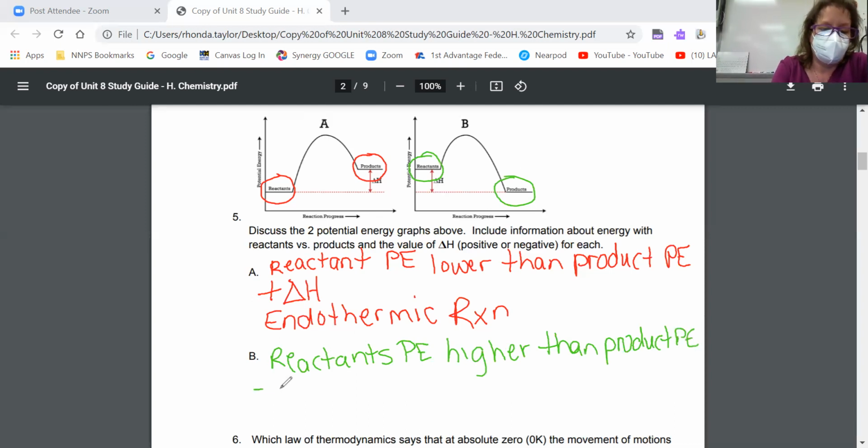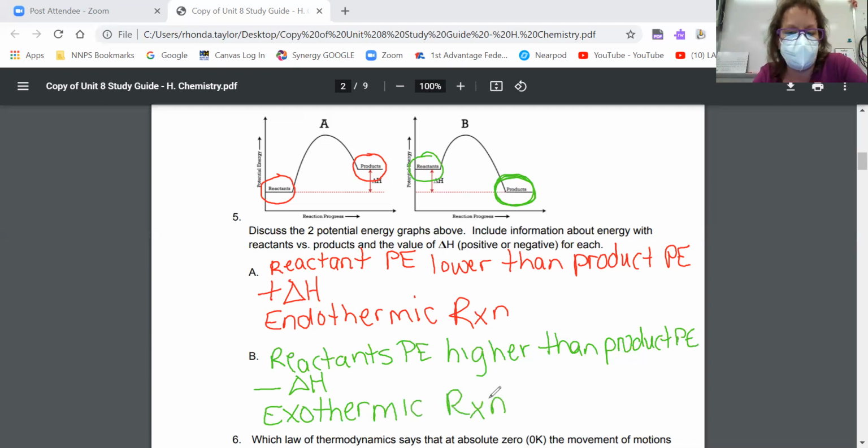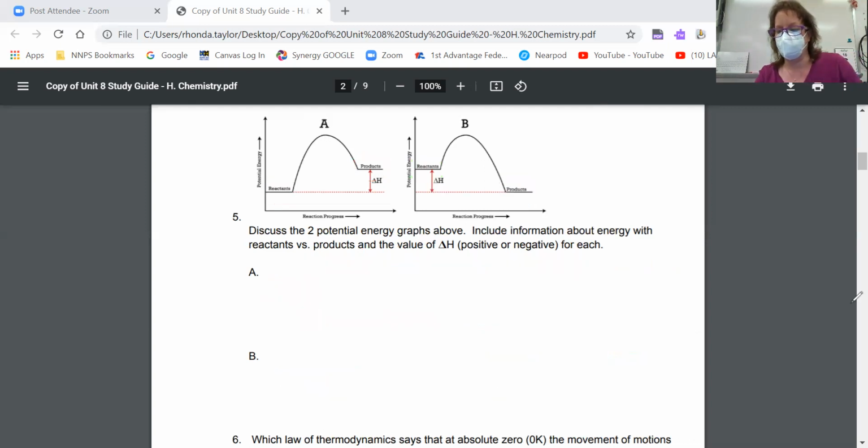Okay, in this case, you're going to have a negative delta H because look, the energy has been released because your product is lower. So if the energy has been given off, it's an exothermic reaction. Like the energy is exiting the system. Clear now.